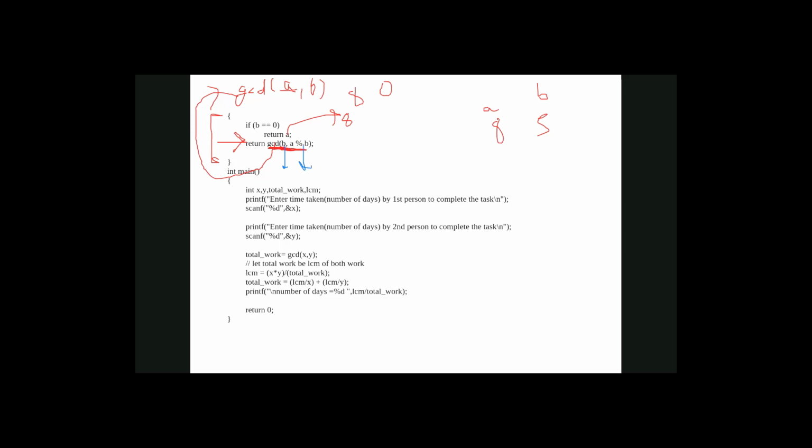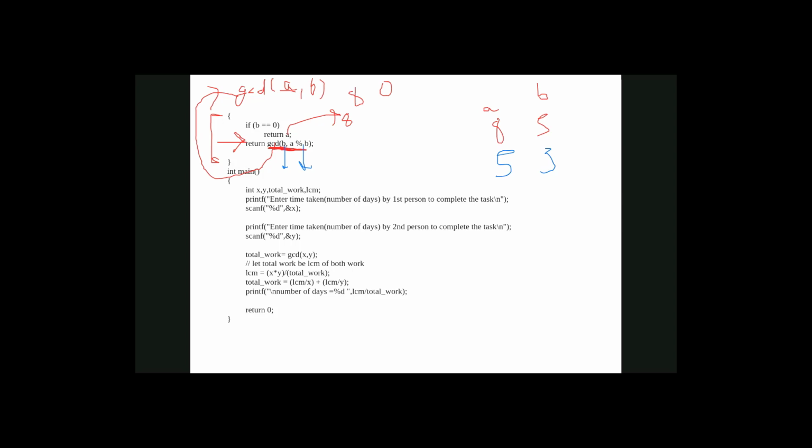Here the B value is 5 and A multiply B is 3. Earlier the A value was 8 and the B value was 5, because I provided, suppose, 8 and 5.